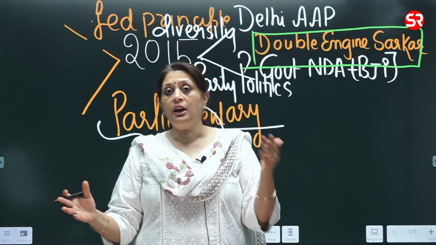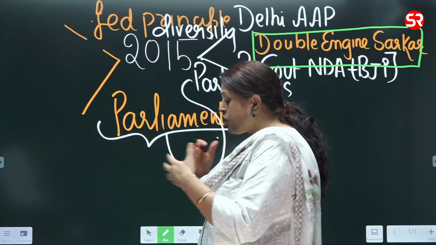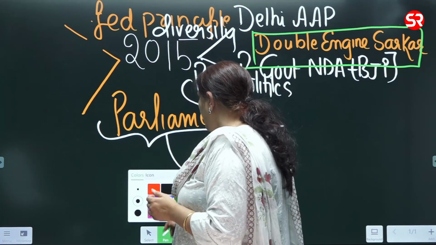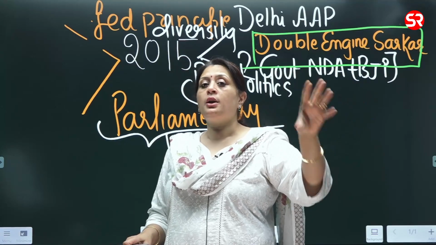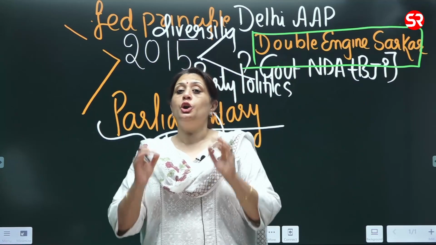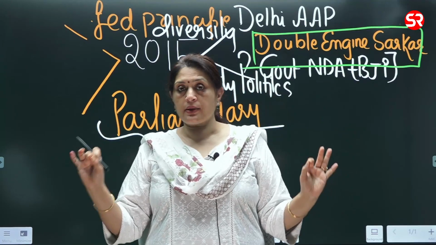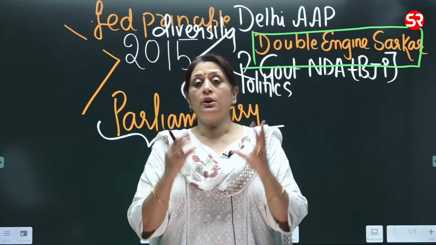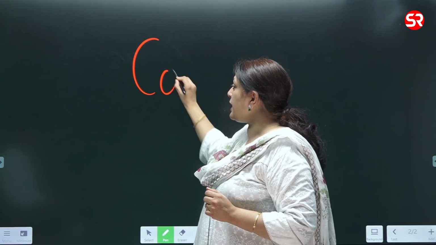And that is why in 2018, in the NCT versus LG case, the Supreme Court had to talk about the importance of federalism, and the Supreme Court directed that both the governments, the union government and AAP, should follow the principle of collaborative federalism.